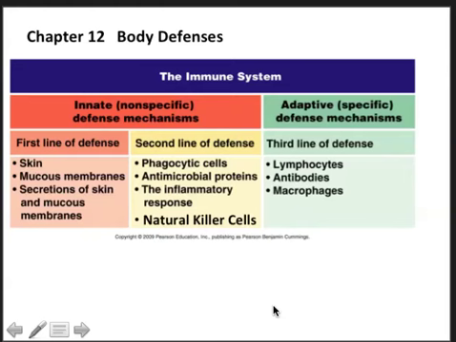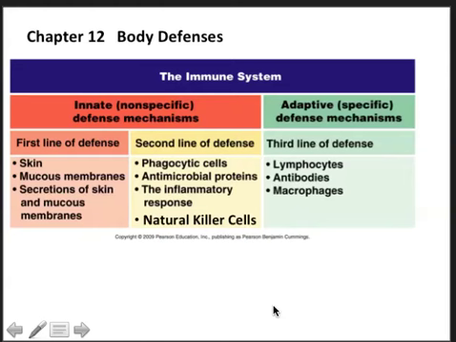These helper T cells will then, as a result of their ability to specifically recognize that particular antigen, stimulate only other B and T cells that have the same recognition specificity. Okay, so only the B lymphocytes or the T lymphocytes that recognize the exact same molecule are going to be stimulated by this now activated helper T cell.